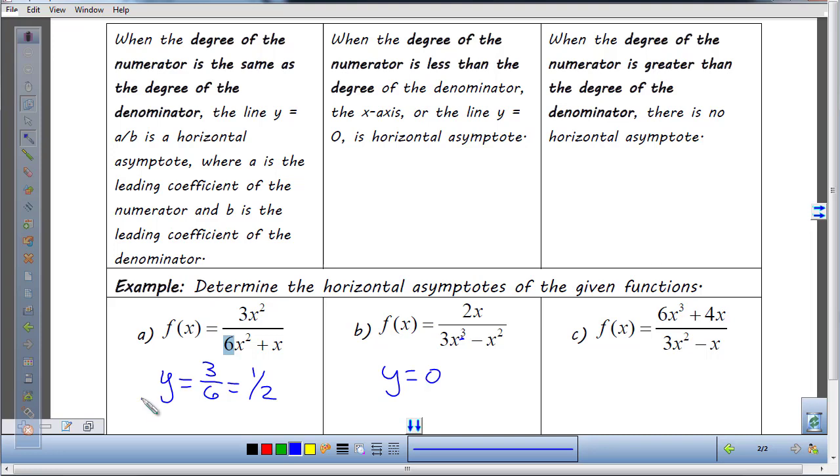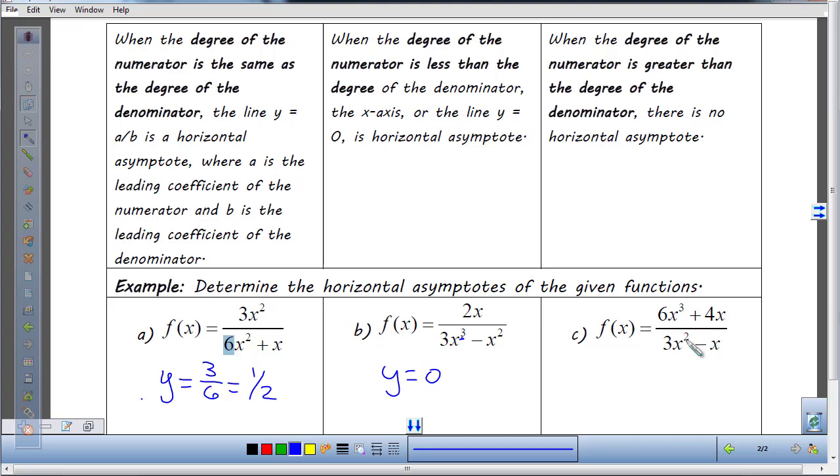And then finally, when the degree of the numerator is greater than the degree of the denominator, there is no horizontal asymptote. When we look at this function, we've got f of x equals 6x cubed plus 4x over 3x squared minus x. The degree of my numerator is 3 and the degree of the denominator is 2.